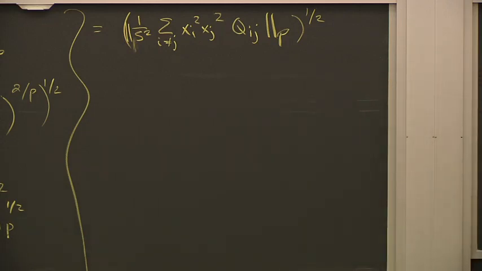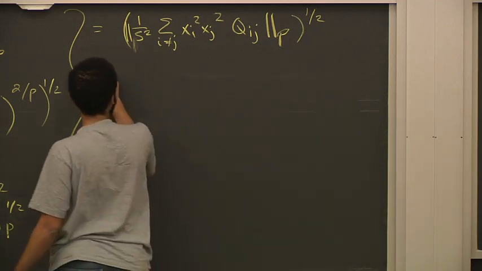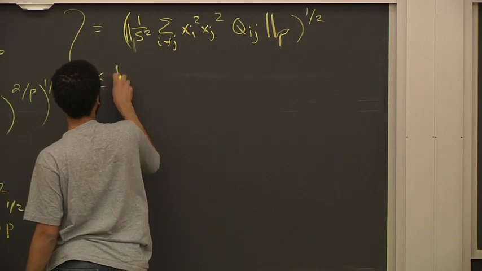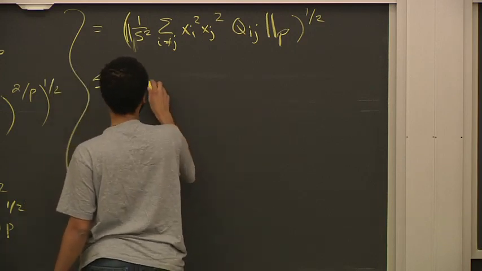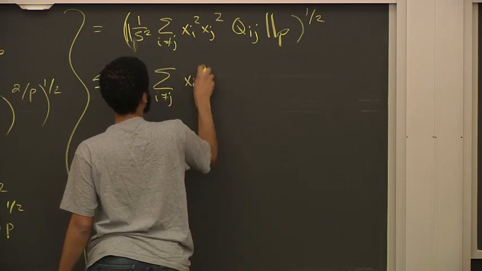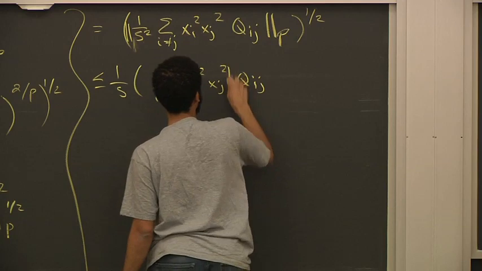Now I can use the triangle inequality. Let me pull out that 1 over s squared square root. This is at most, by triangle inequality, the sum over i not equal to j of xi squared xj squared times the p norm of Qij.